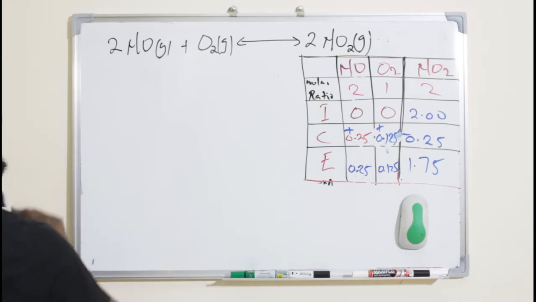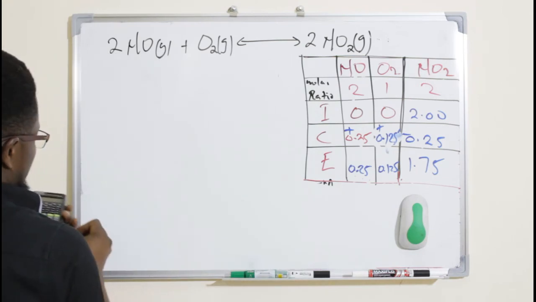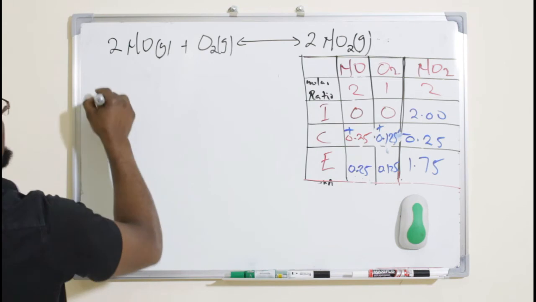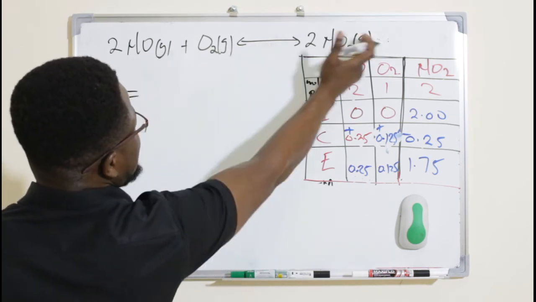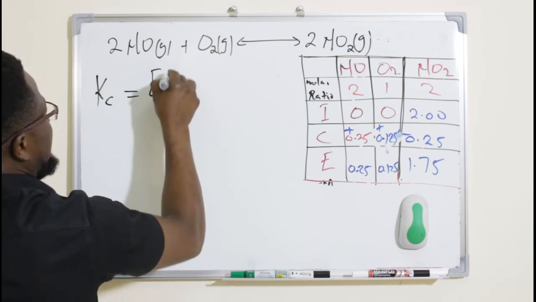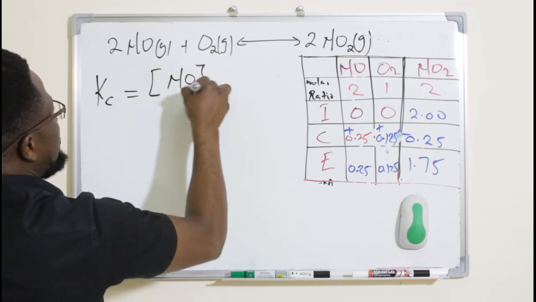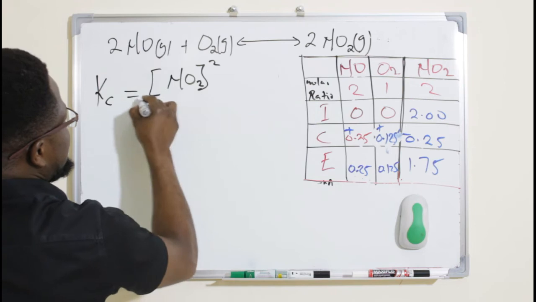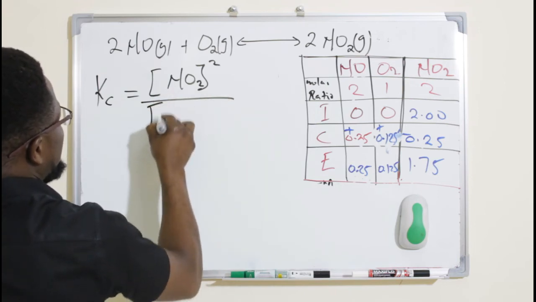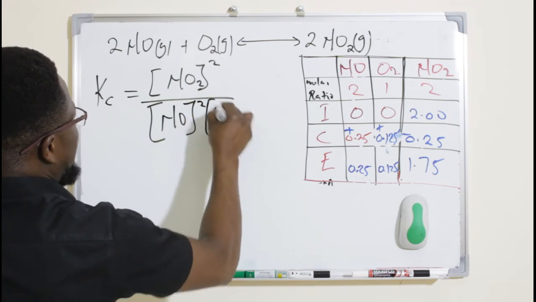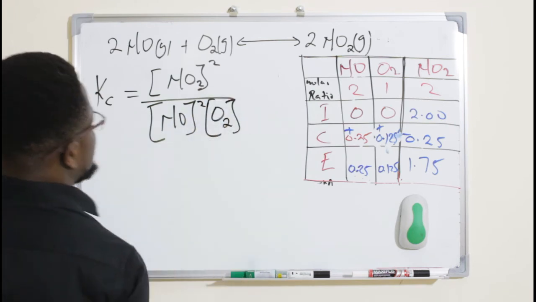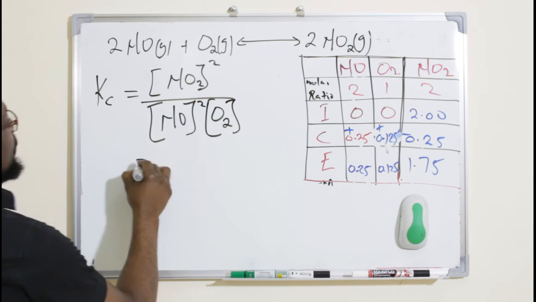So let's see. Kc is now going to be, this is a gas, this is a gas, this is a gas. So therefore this is NO2 squared divided by NO squared multiplied by O2 gas. Now let's do the substitution.